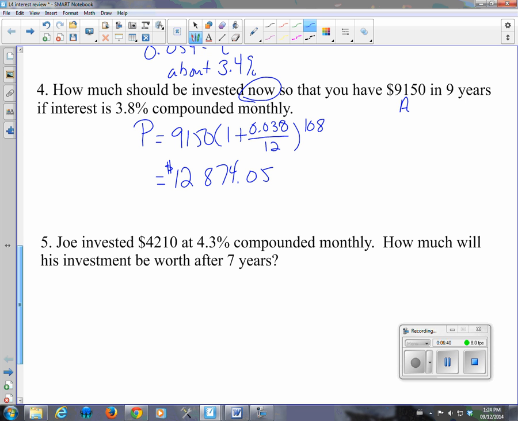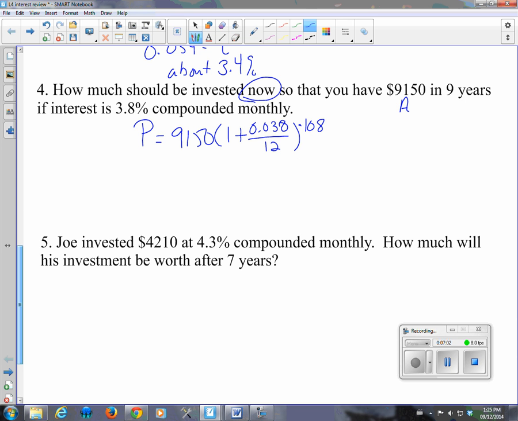Oh my goodness. Too bad you guys weren't here to correct me. I obviously need to make my exponent negative, which I forgot to do with my present value. The reason I caught that was because of something I told you guys earlier. Your answer for present value should always be less than what you started with. So I started with 9,150. I knew that 12,000 had to be wrong, so I went back and looked at my formula.